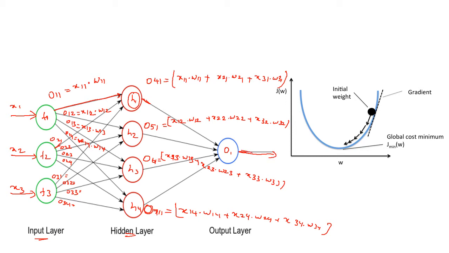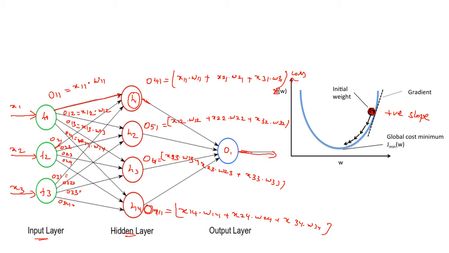Suppose the point lies in this place and this is a positive slope. This is called a positive slope with respect to the weight value and the error of the weight value, that is loss.